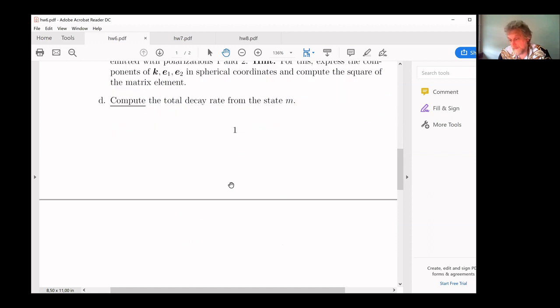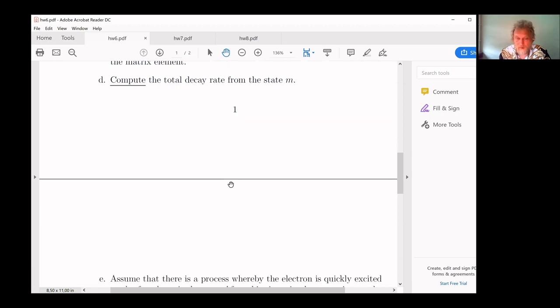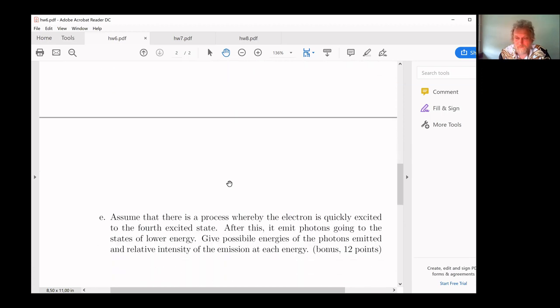There's only one final state. Sorry, there are infinitely many final states, because there are all possible wave vectors of the photon involved. But in any case, the dot in the final state is just in state M minus 1. Fine.